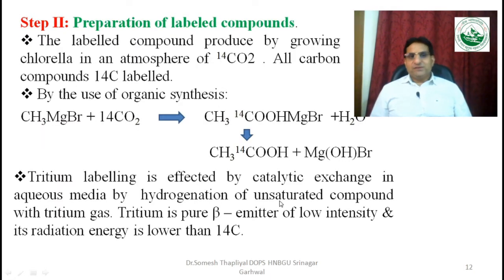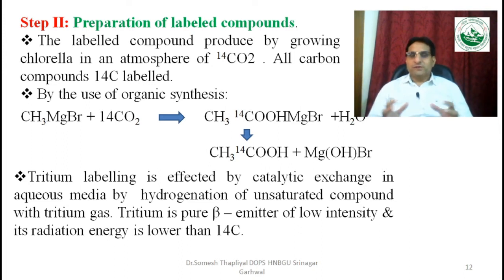And the second step is the preparation of the labeled compound. The labeled compound can be prepared by the following methods. These compounds can be produced by growing chlorella in an atmosphere of 14C carbon dioxide, and all these carbon compounds will be labeled with the 14C isotope.